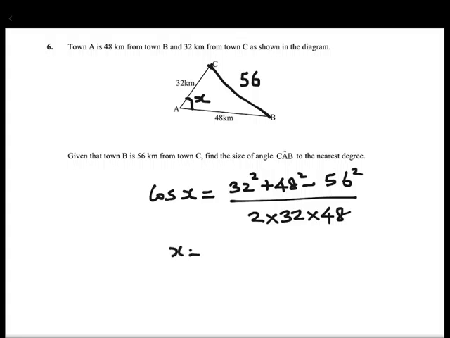So x is cos inverse of this expression, which is approximately 86.41, so 86.4 degrees. Okay, so that's it.